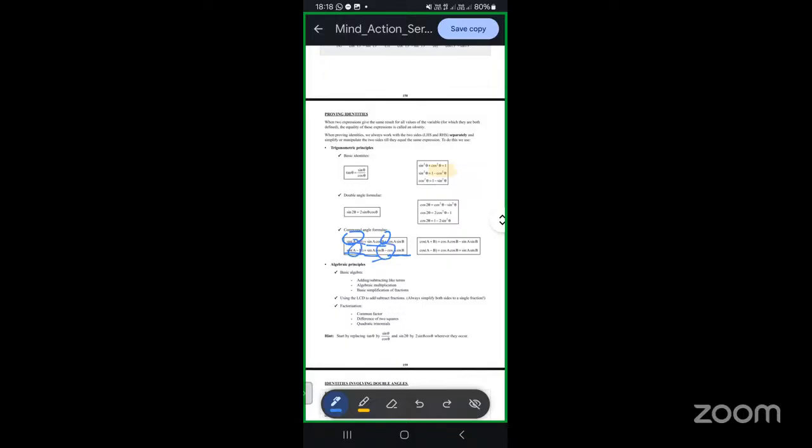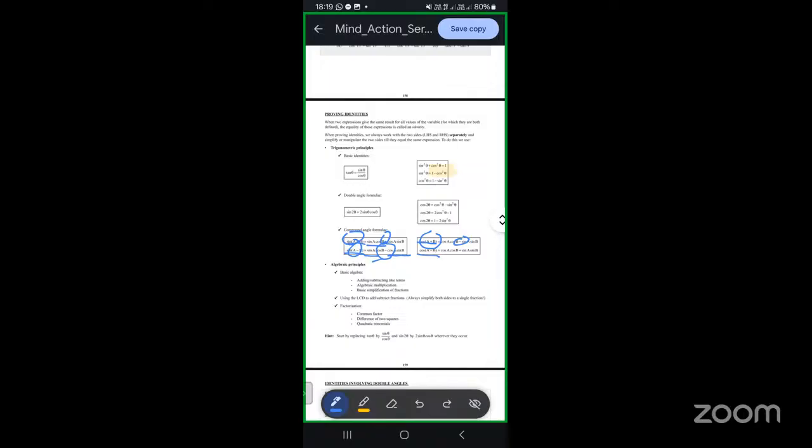Then for cos, what's happening? For cos, I will have cos, cos, sine, sine, and then I distribute my angles AB, AB. But with the sign, I do the opposite. If it was positive, I'll put negative.